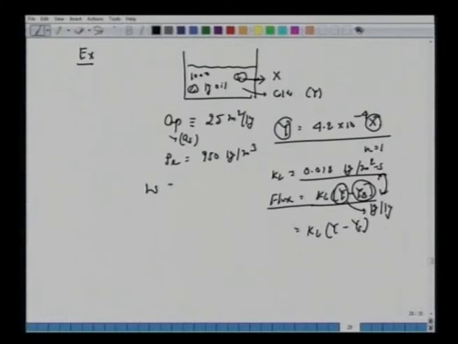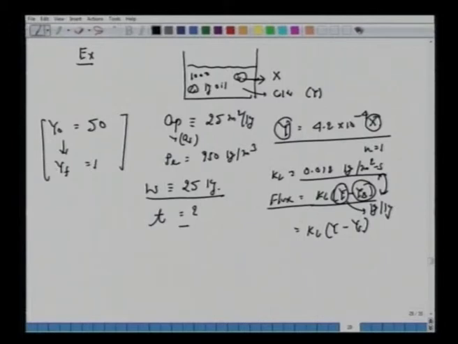Amount of adsorbent W which is taken here is, let's say, 25 kg. Question is, how long will it take to reduce the concentration level, starting from y0 of 50 to yF of 1? So this is all 50 kg per kg or unit per kg, starting from y0 to yF. Everything is given here.